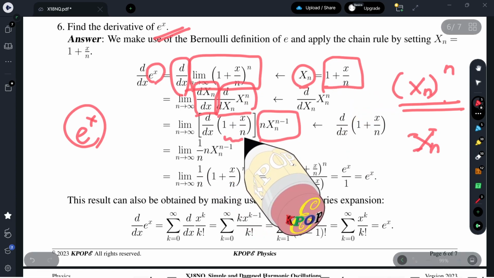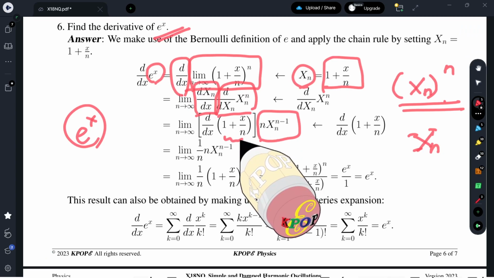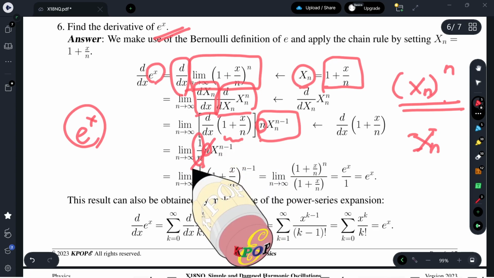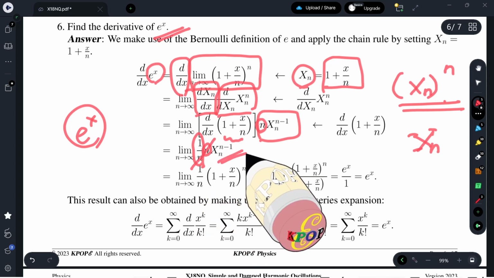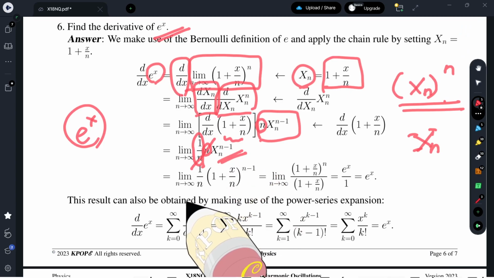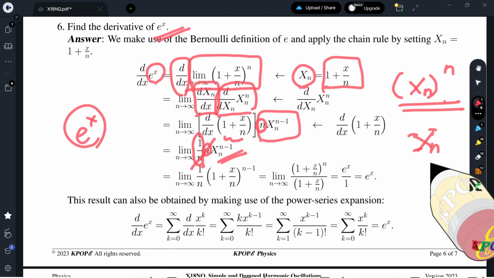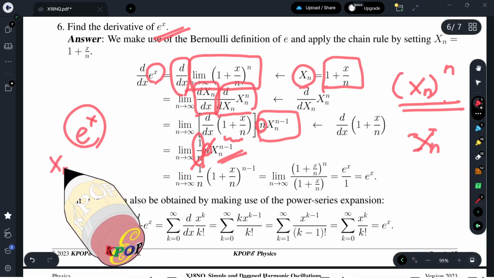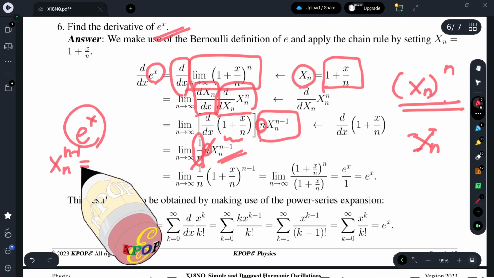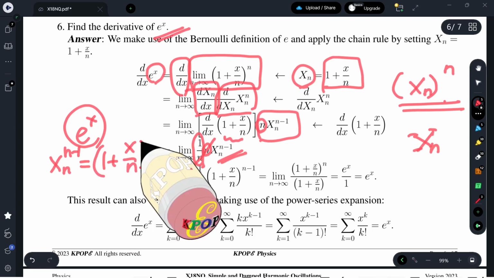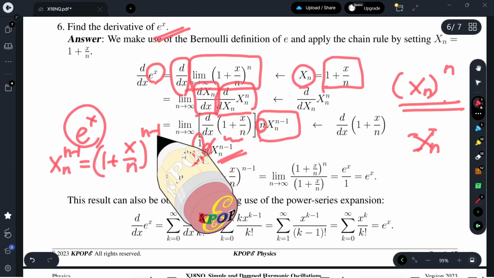The derivative is trivial, that is 1 over n. And this 1 over n and this n cancel, and we are left with this. Finally, we have X of n to the n minus 1.